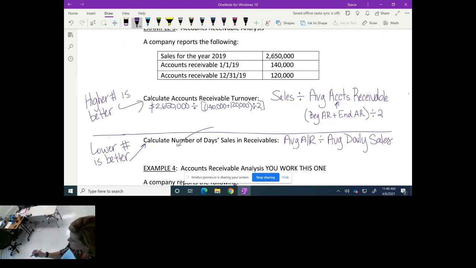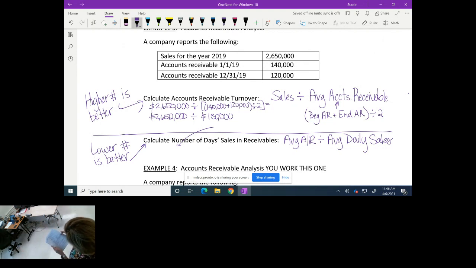Okay, so that's what we're looking for. You'll take 2,650,000, and the average is 130. Because if you add these 2, you got 260, and you divide it by 2, you got 130. So we're going to divide our sales for the year by 130,000.